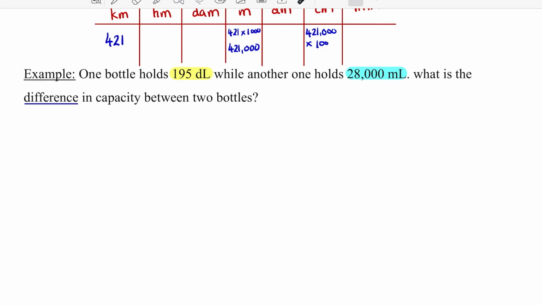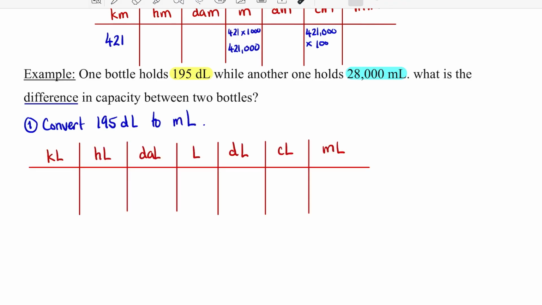I'll choose to convert deciliter to milliliter. So first, I'll need to convert 195 deciliters to milliliters. I have my table right here, and I have 195 deciliters. So 195 in here.